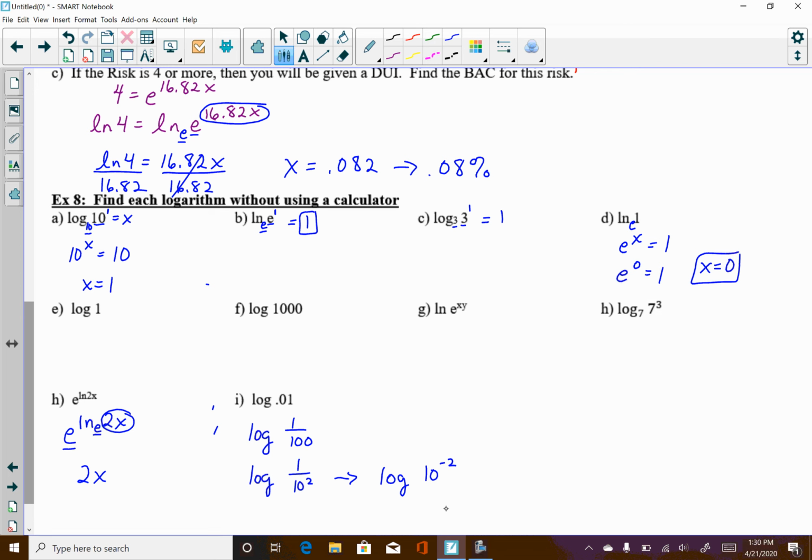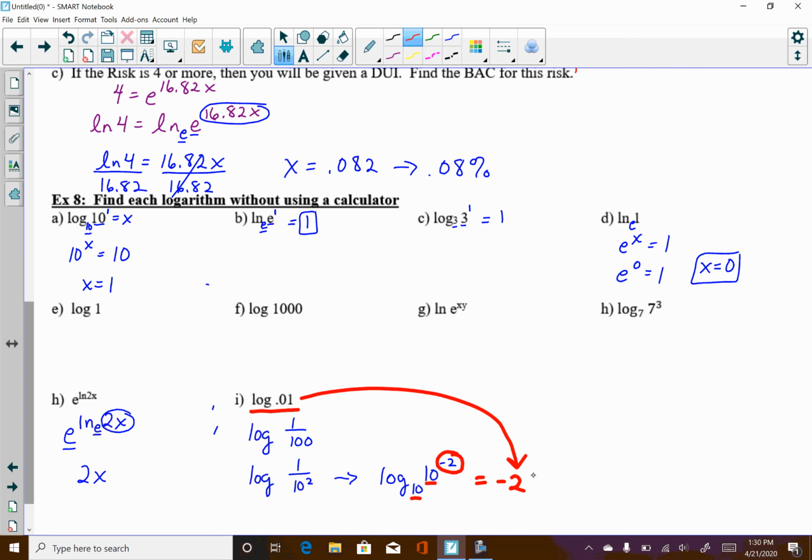And that's one of the properties you saw on the front page. Common log is already base 10, so when the base and the argument match up, the answer is just the exponent, so you would have negative 2. Again, since this was already common log, you could have typed in log of 0.01 and your calculator would have given you negative 2 straight away.